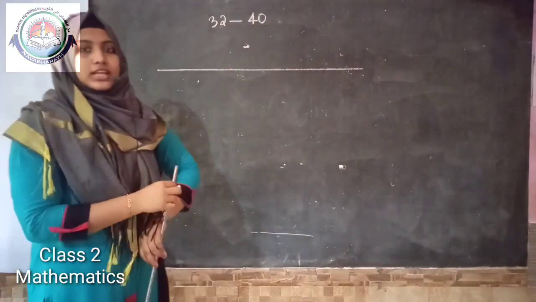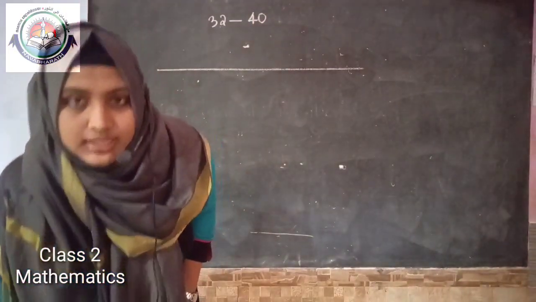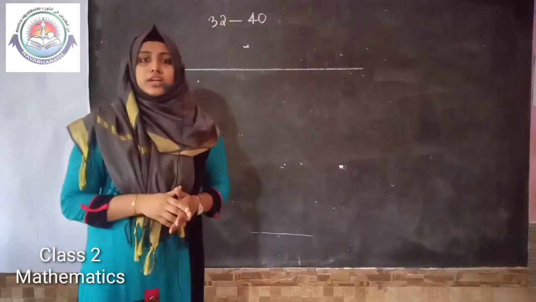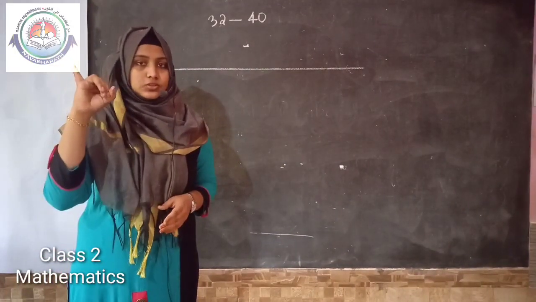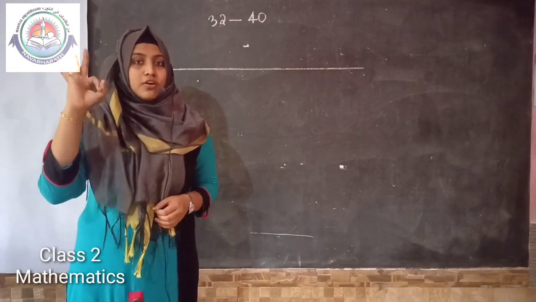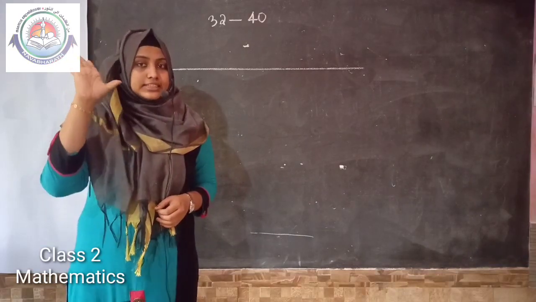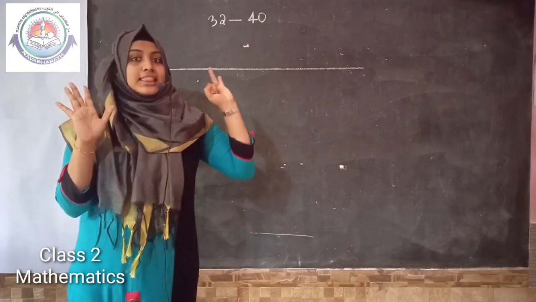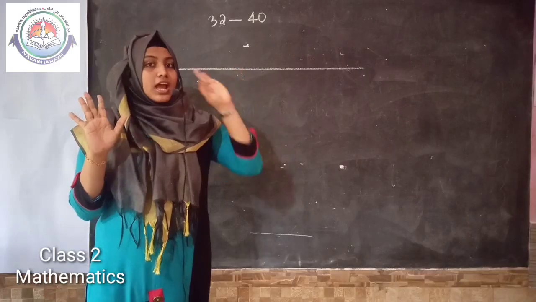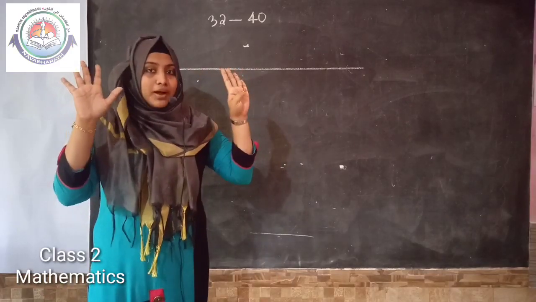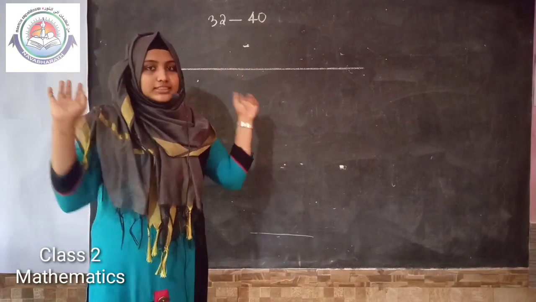Can you see how many numbers are in between 32 and 40? 32, 33, 34, 35, 36, 37, 38, 39 and 40. So we want to mark 9 numbers in this number line.